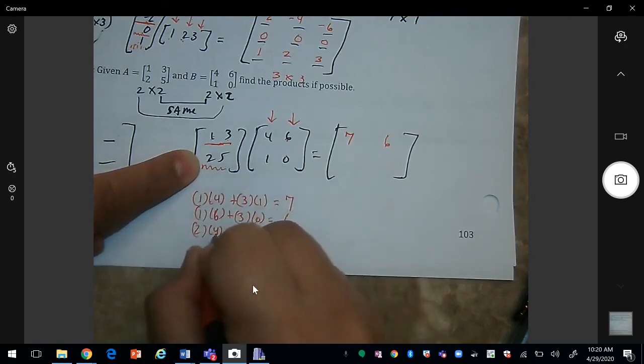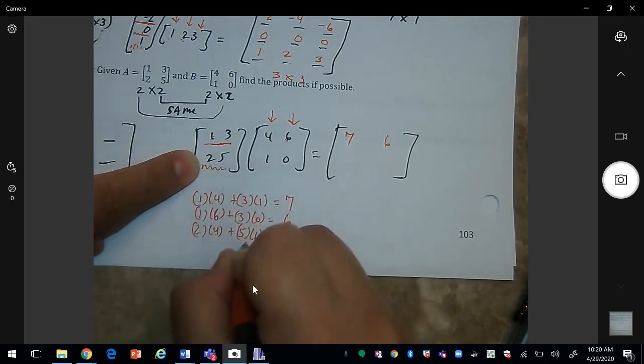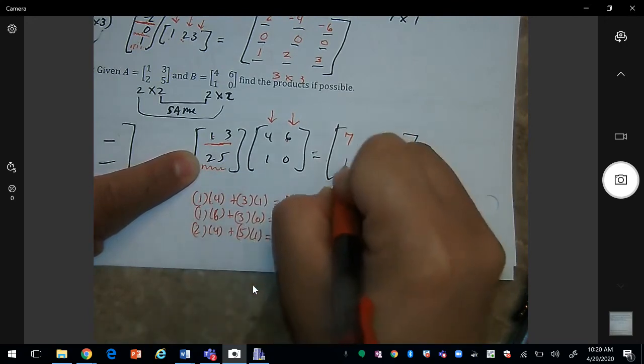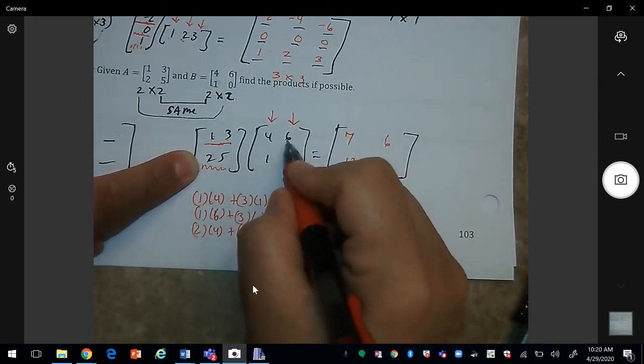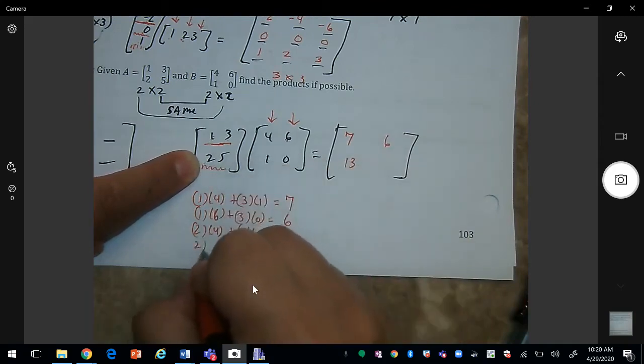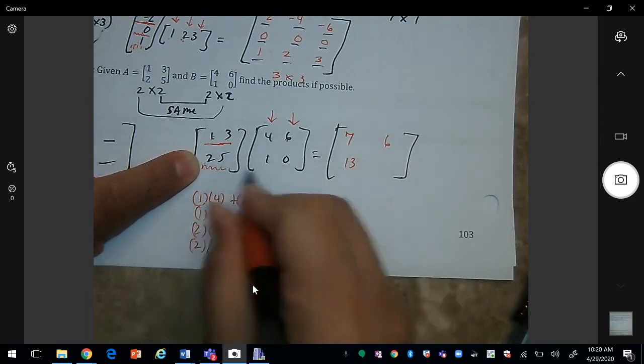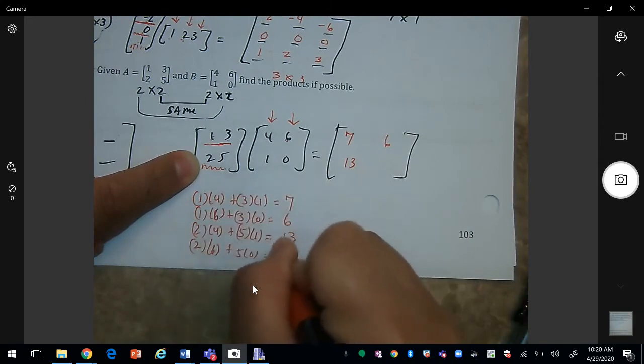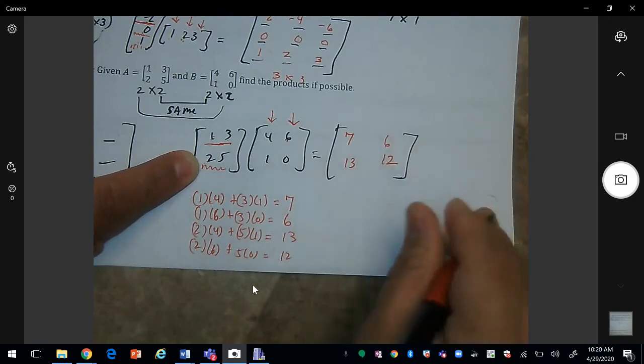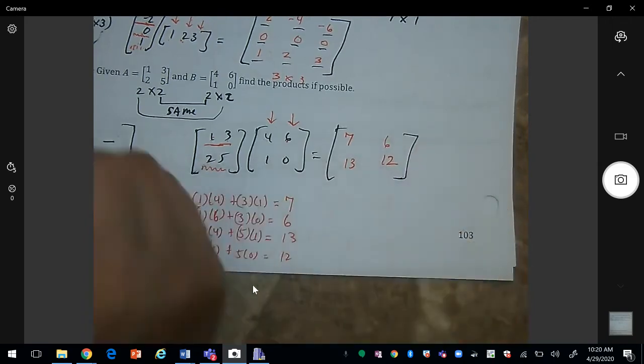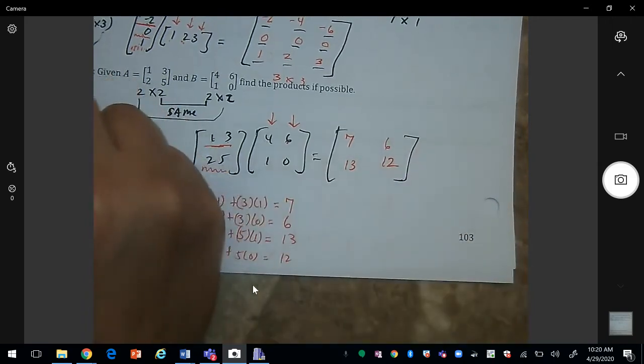So 2 times 4 is 8, plus 5 is 13. And then the last column, 2 times 6 is 12, plus 5 times 0. So my result here is 7, 6, 13, and 12.